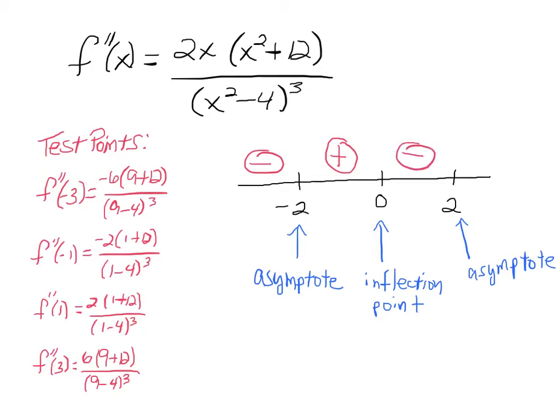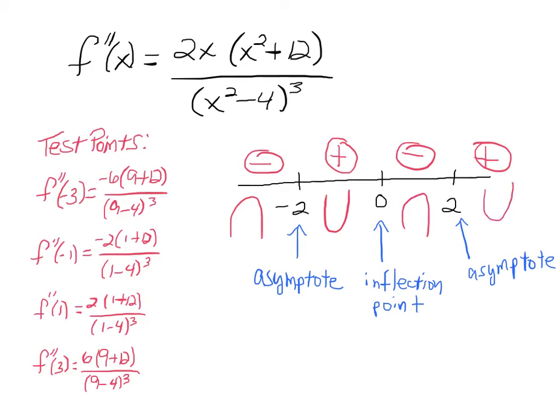And then I need to pick a point bigger than 2, so I'm going to choose 3, and 2 times 3 is 6. And then I have 9 plus 12, so I have positive, positive, and then over positive. So that means I am going to have a positive here. So my intervals of concavity: we're concave down, concave up, concave down, and concave up.